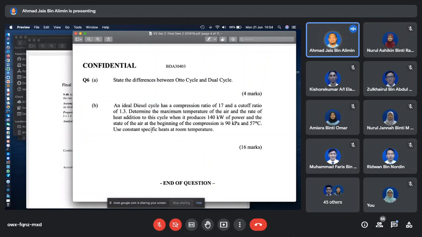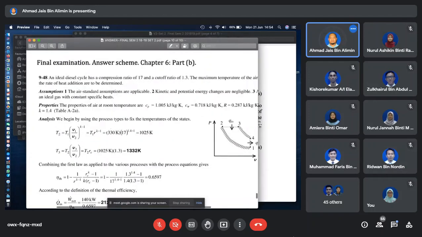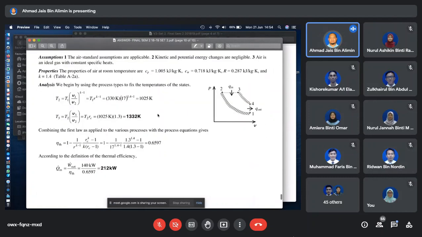It also hints that you can use constant specific heats at room temperature, which means that you can adopt the air standard assumption, and also the cold air standard assumption.